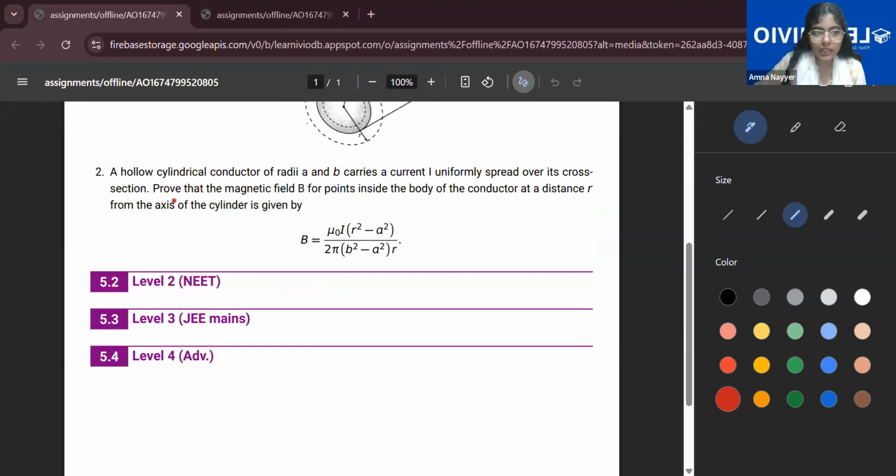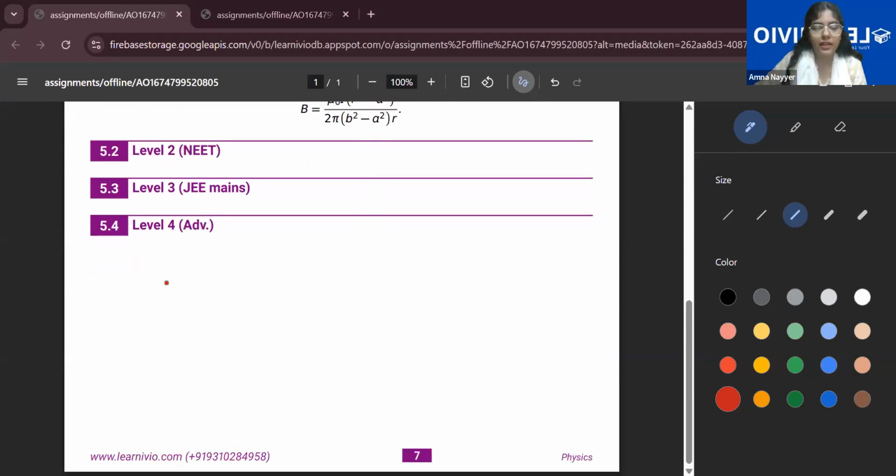It says a hollow cylindrical conductor of radii A and B carries a current I uniformly spread over its cross section. We have to prove that the magnetic field inside the body is given by this. Same method. If I draw it, it would be something like this.